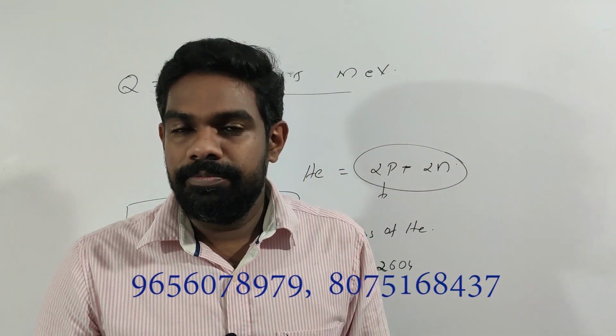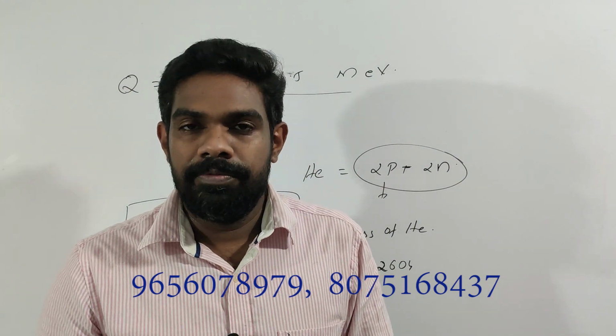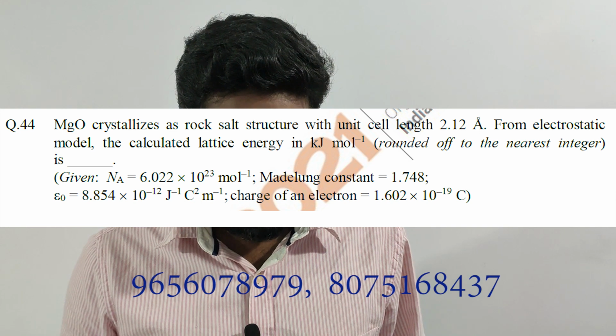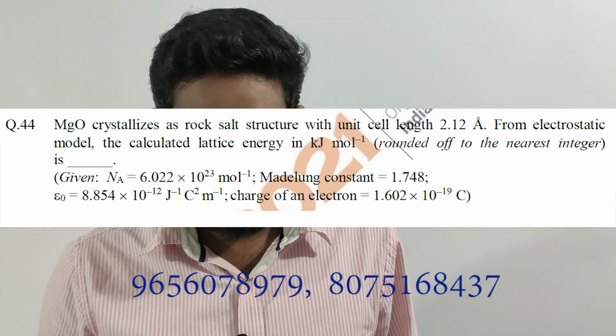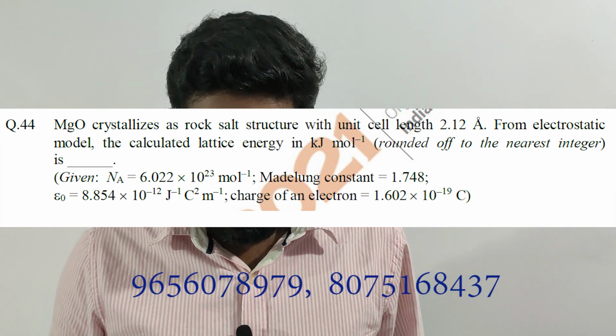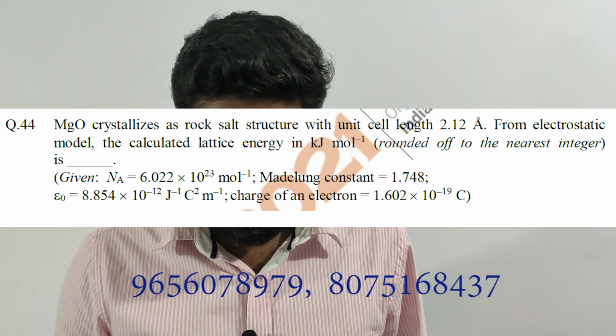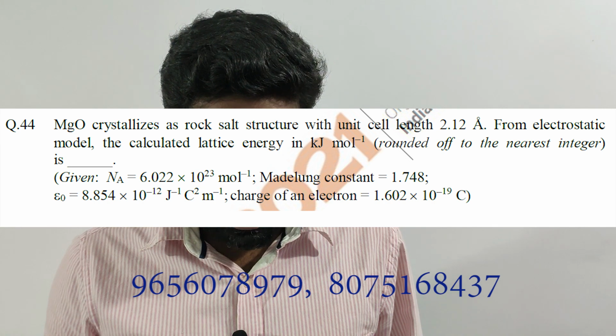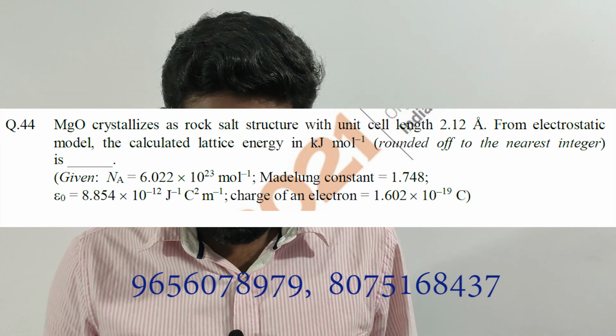Now we'll move on to question number 44. MgO crystallizes as rock salt structure with unit cell length 2.12 angstrom. From the electrostatic model, the calculated lattice energy in kilojoule per mole is? Let's see how to solve this.